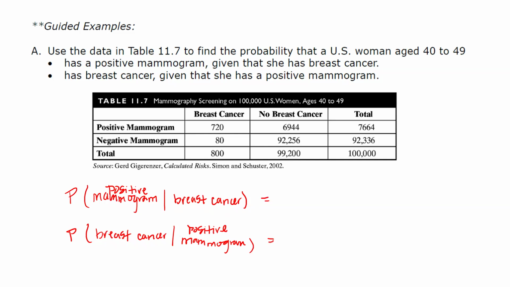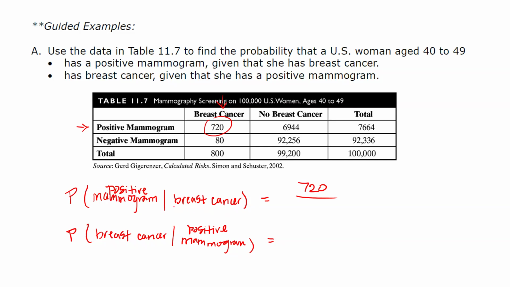Alrighty. So for the first one, we want a positive mammogram. So that's this row right here. And given that they have breast cancer, so that's this column right here. So that would be 720 people out of how many people?